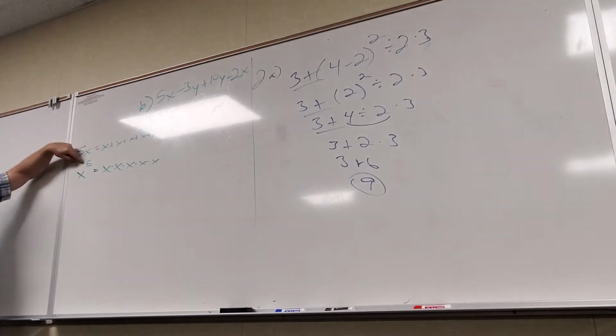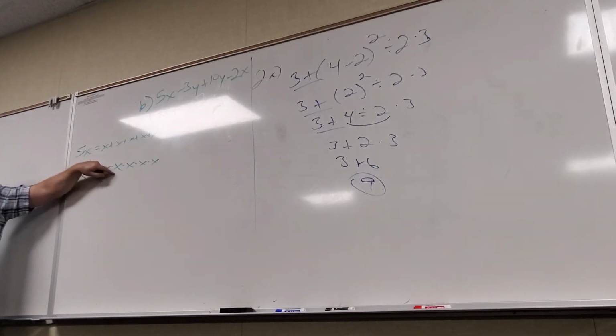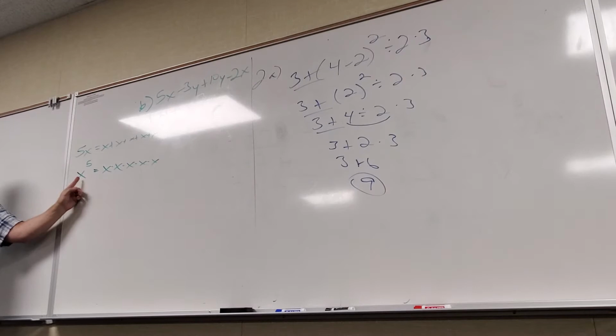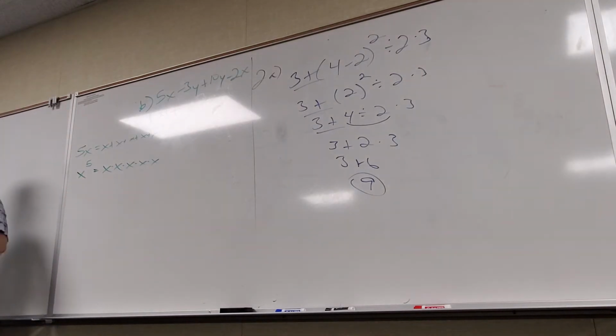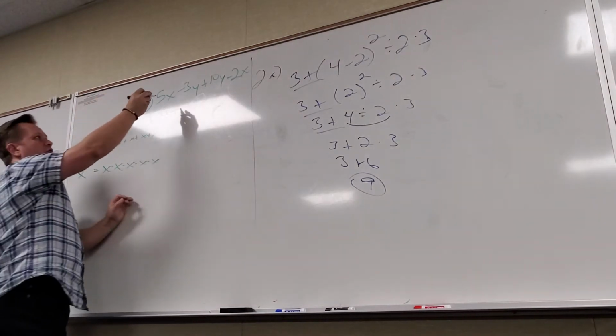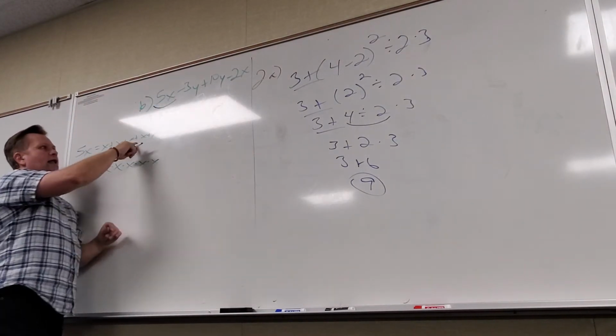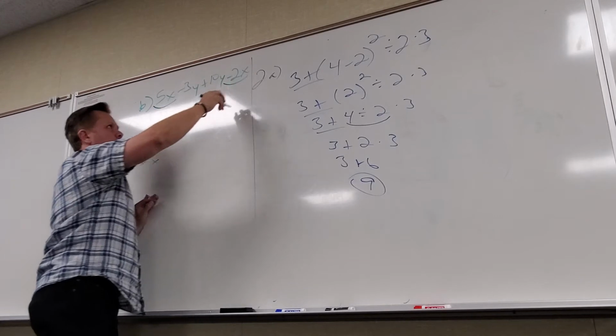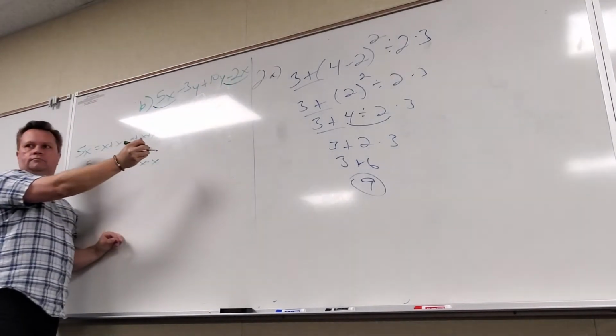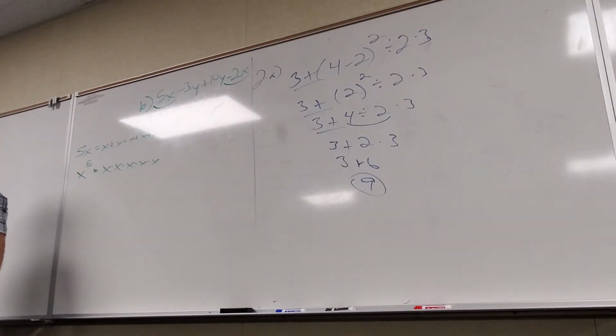If the 5 is up here, it's multiplication. It really just comes down to math people being a little lazy or frugal with their time. So if I have 5 x's adding and I take away 2 of those x's, of course I've got 3 x's left. That's all that's doing, right?